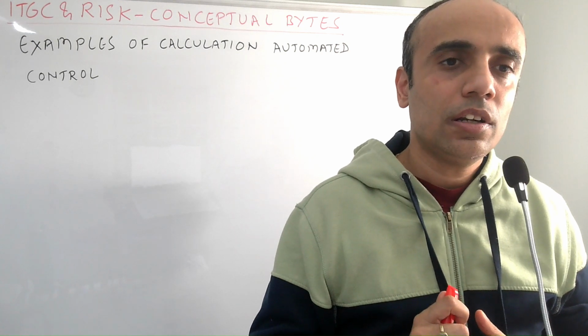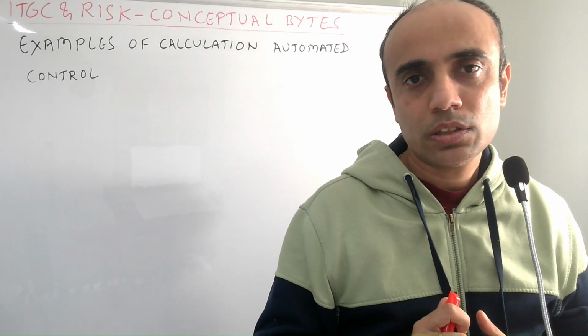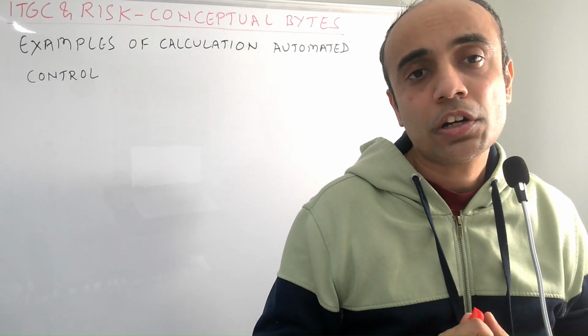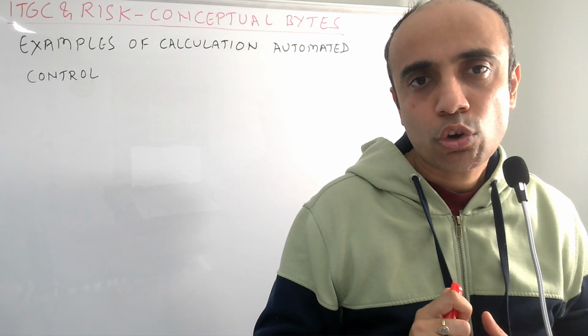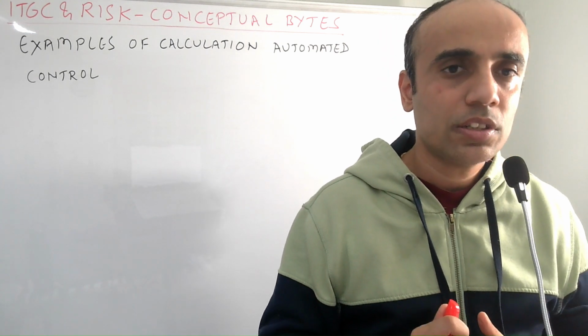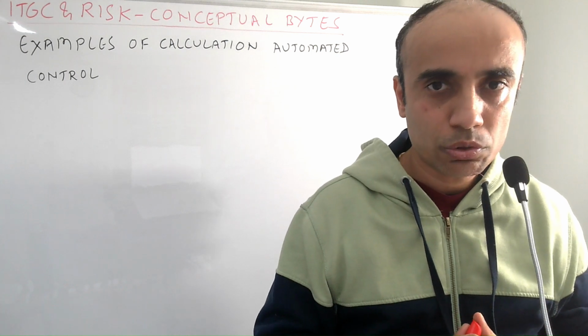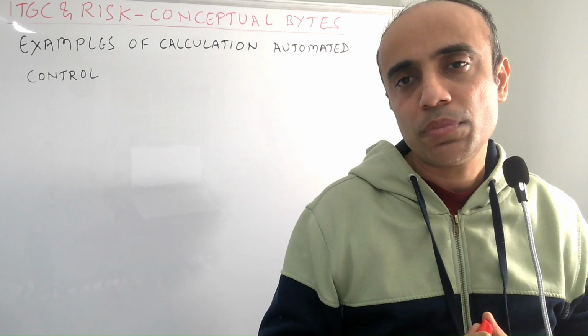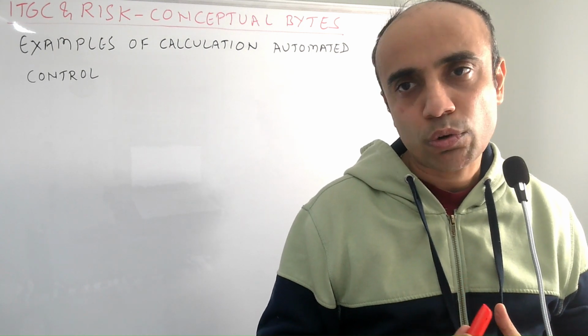First, let's quickly discuss what a calculation automated control is. So automated controls related to computation or formula, as the name suggests, is a calculation automated control. Let us go through a few real life business examples of calculation automated control.